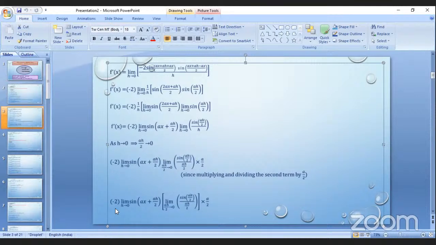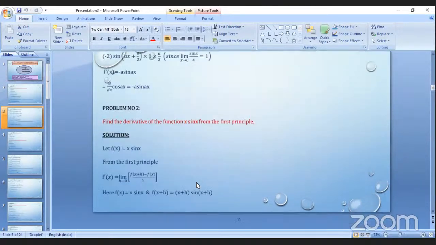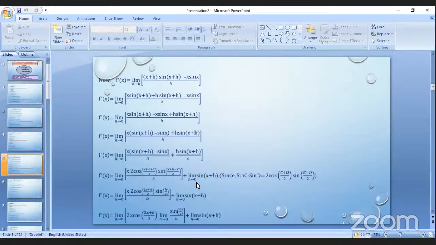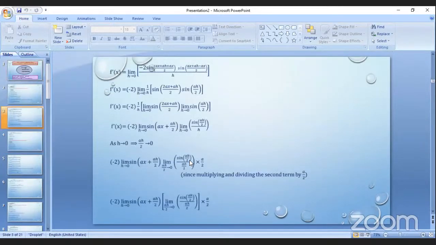It is equal to minus 2 into limit h tends to 0 sin ax plus ah by 2 into limit ah by 2 tends to 0 sin ah by 2 by ah by 2 into a by 2.